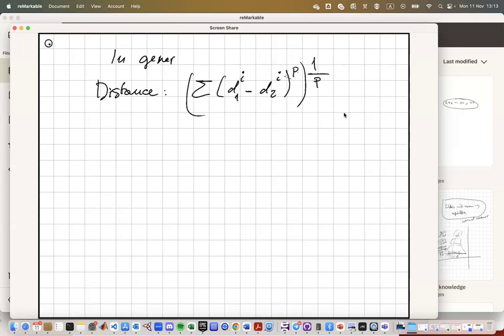In this way, we are talking about the Minkowski distance, where you vary p, and this distance measure will capture different aspects of your data. So this is the Minkowski distance.